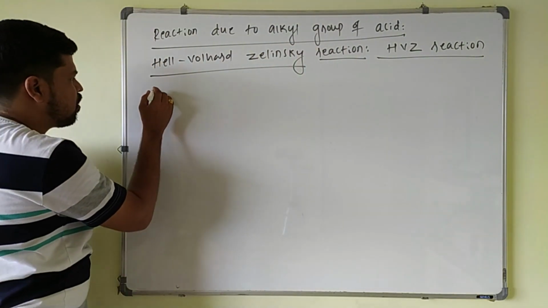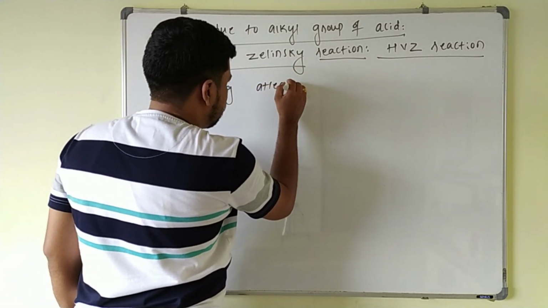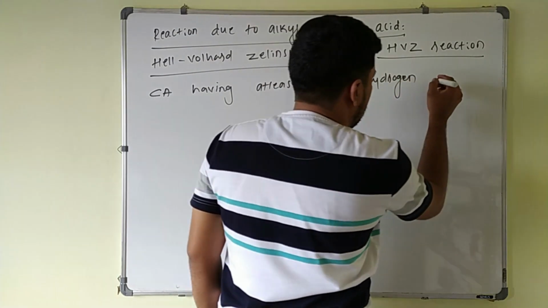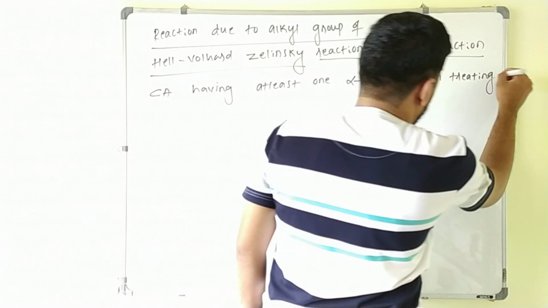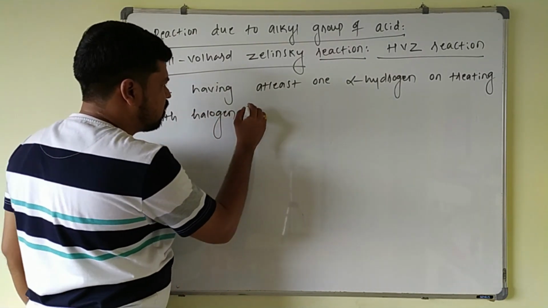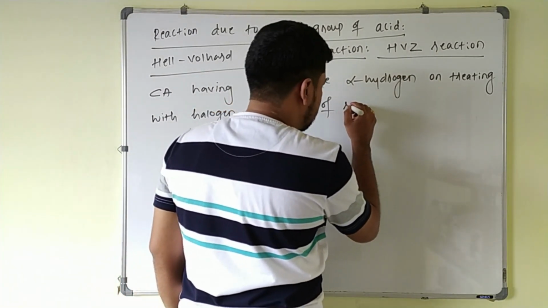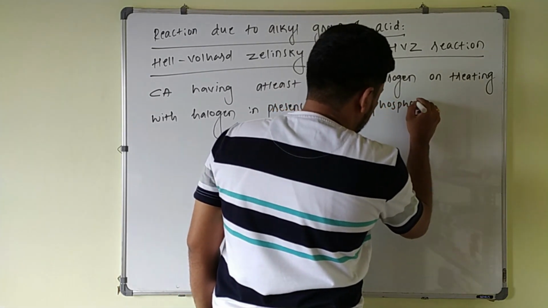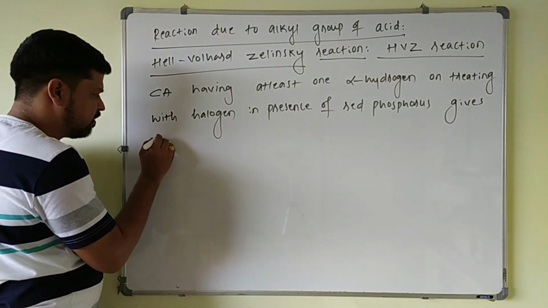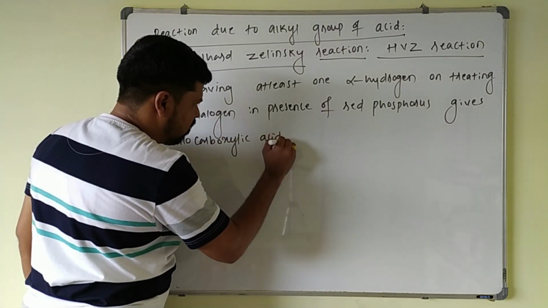In this case, carboxylic acids having at least one alpha hydrogen on treating with halogen in presence of red phosphorus gives alpha halo carboxylic acids.